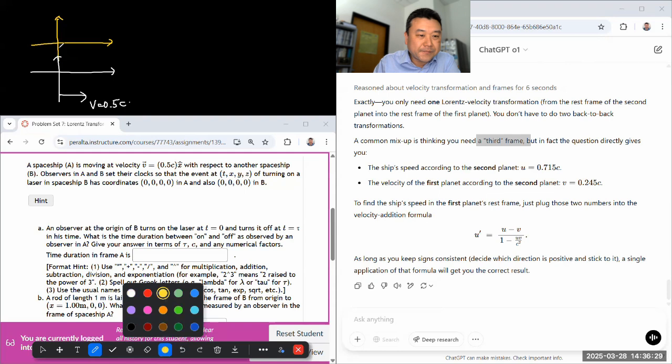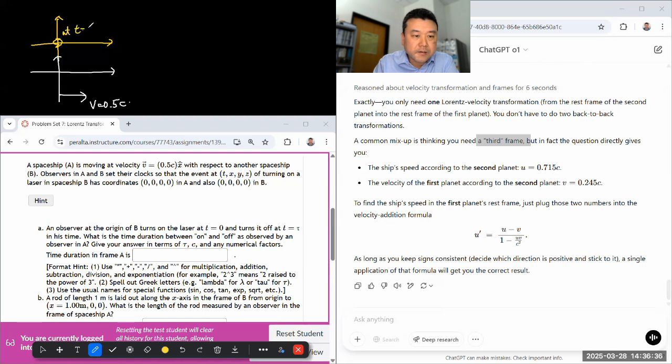So, at t equals 0, the light turns on, and it goes off at t equals tau. I imagine this frame having moved a distance of v times tau when it's turned off.